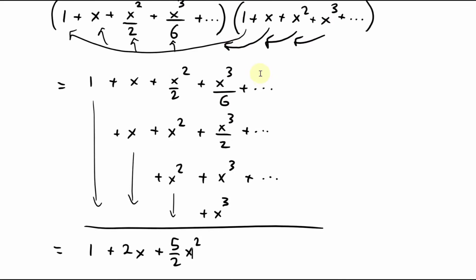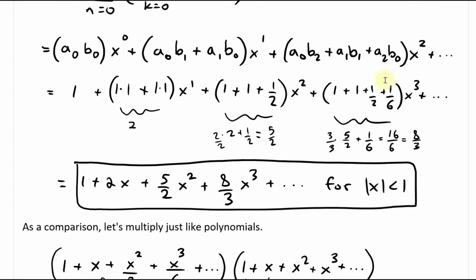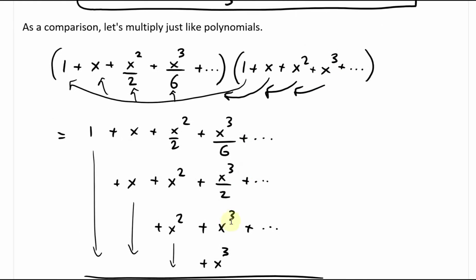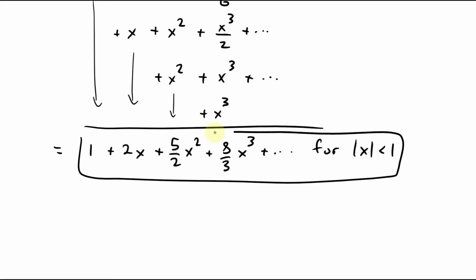And then this one right here, these all add up. This is going to be 1 over 6 plus 1 over 2 plus 1 and then plus 1. So that's exactly what we had earlier, plus 8 over 3 x cubed plus dot, dot, dot. And again, this is for absolute value of x less than 1. And yeah, so you could do it either way, so check mark.